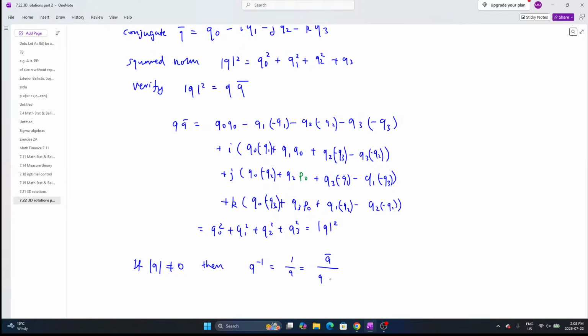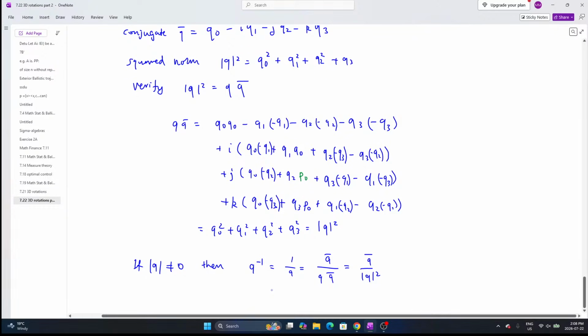Q times Q bar is, so I guess this is the only situation where you have commutativity, right? Perhaps not the only one, but one instance you have commutativity. You can swap Q bar and Q and get the same answer. They're just Q quantity squared. In general, quaternion multiplication is not commutative, which shouldn't be, because 3D rotations aren't commutative. If it is commutative, then we're in trouble. So yeah, that's the formula for the reciprocal. Okay.